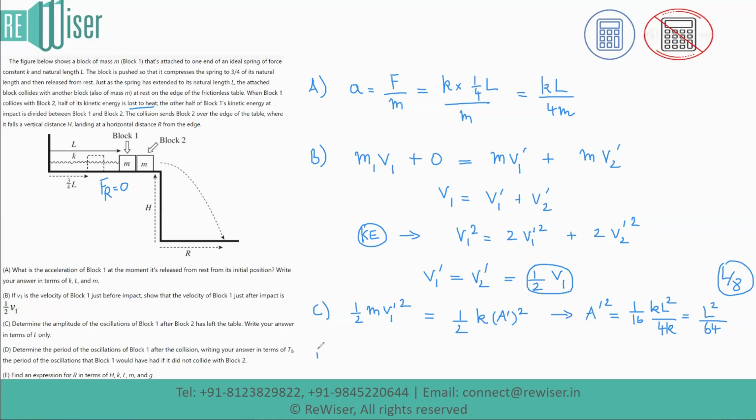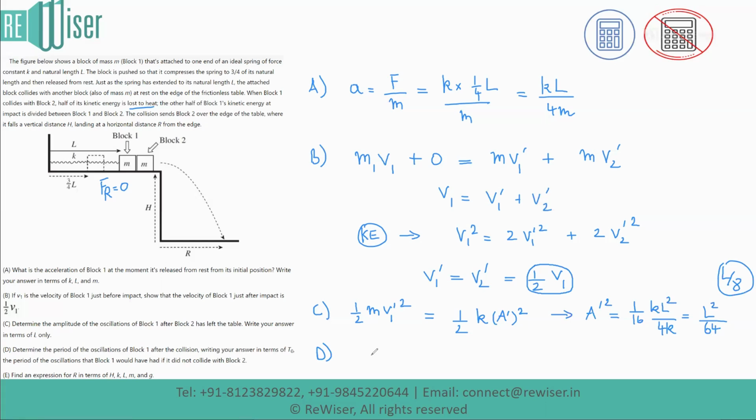Now, moving on to part D. Determine the period of oscillations of block 1 after the collision. Write your answer in terms of T naught, the period of oscillation that block 1 would have had if it did not collide with block 2.